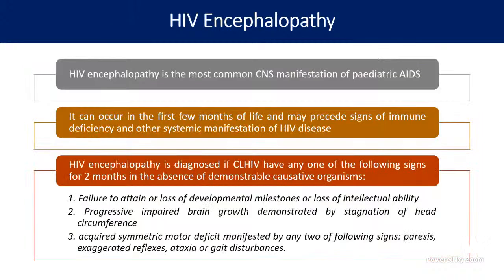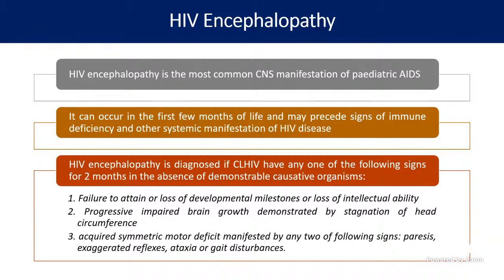Okay. So HIV encephalopathy is the most common CNS manifestation which we see in our HIV pediatric age, and it can occur in the first few months of life. And this is a sign of severe immunodeficiency. The child may present with meningitis, may not develop properly, developmental milestones are delayed, intellectual milestones are delayed.